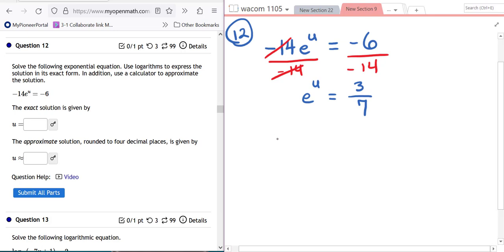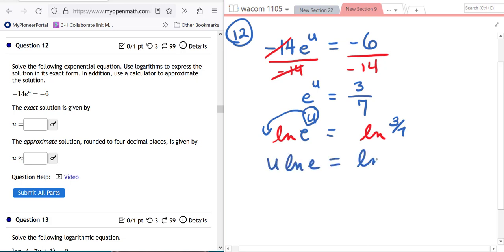All right, now I'm going to take the natural log of both sides. And that forces the u to come down. So u times the ln of e equals ln of 3/7, and the ln of e is 1, so you don't need it.